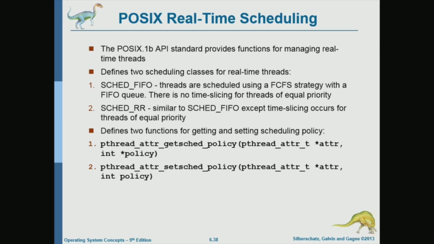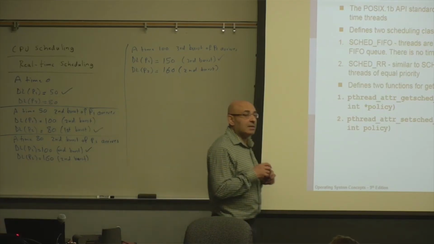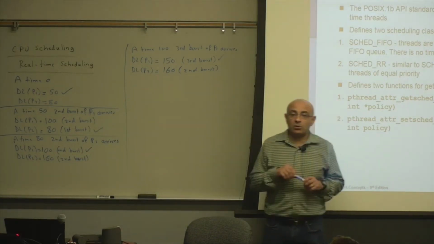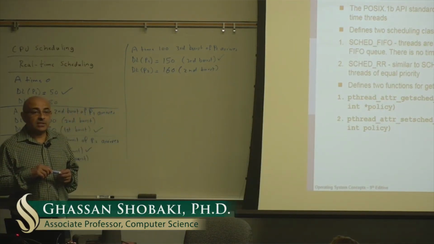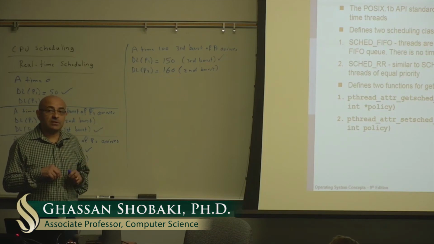Priority number? I think it was a priority number. No, it was not a priority number. It was the contention scope. So we had the process contention scope and the system contention scope. What does each one of these mean? Who remembers?